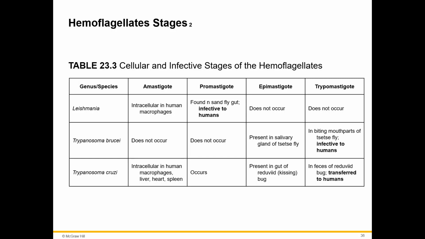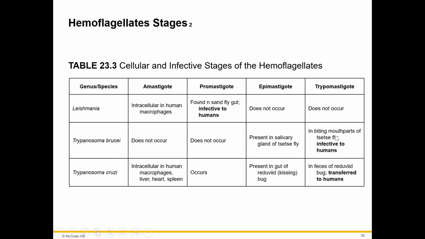That's where they can get transferred, okay. The Leishmania species, they don't really have these stages right here. For the Trypanosoma brucei, it doesn't have an amastigote stage or a promastigote stage, but it does have its epimastigote stage where it's covered in flagella, and that will be in the salivary glands of the tsetse fly.